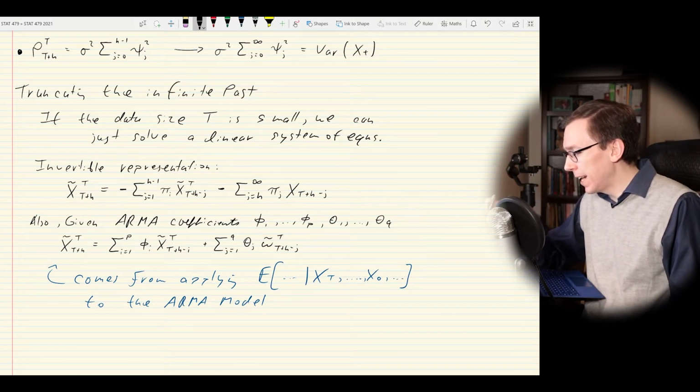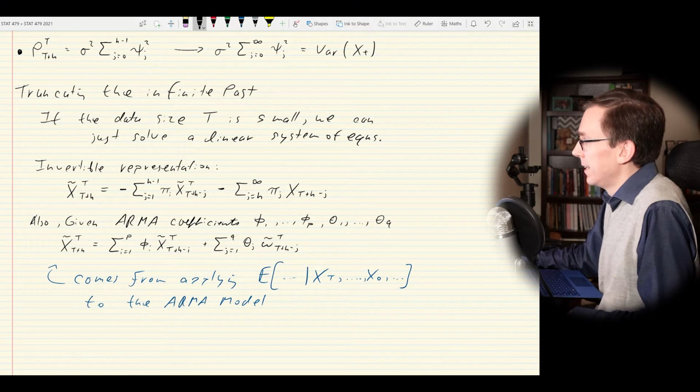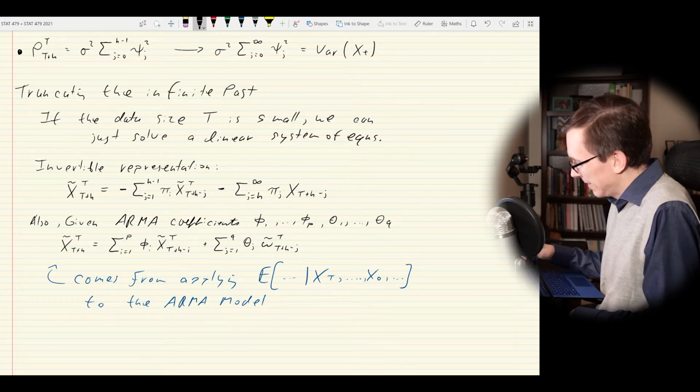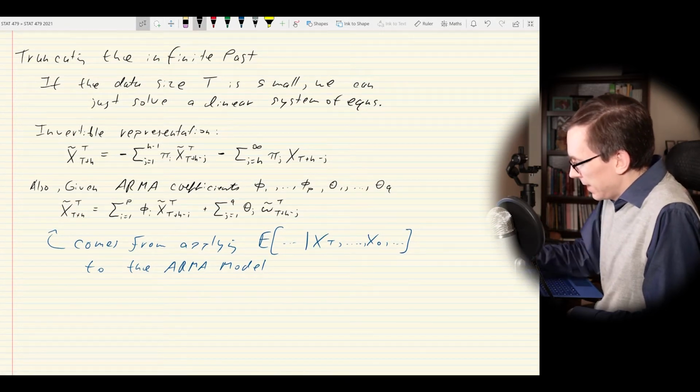Now, we defined w tilde last time, and I'm going to find it again so that we can properly define it this time. What in the world happened to w tilde? I know it's here somewhere. Ah, yes. There it is.